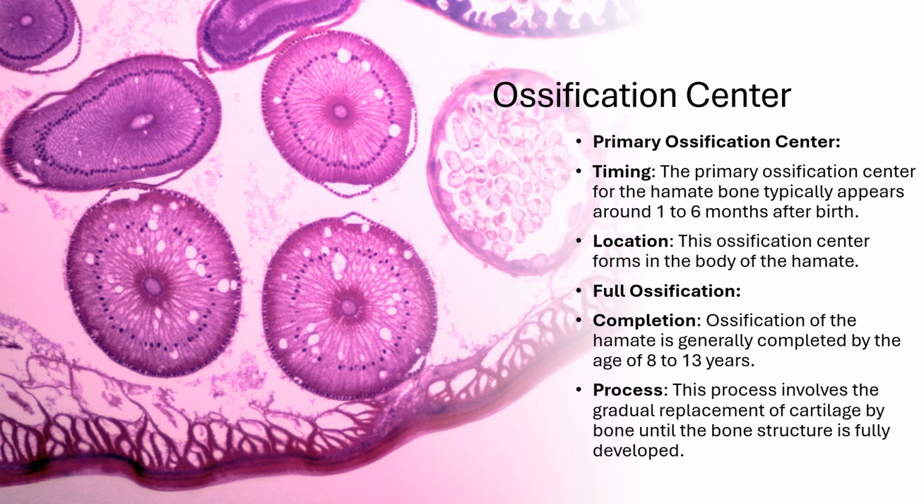There is no secondary ossification center in the hamate bone. There is only a primary ossification center present in it. The full ossification will be completed around 8 to 13 years of age, and this process involves the gradual replacement of the cartilage by bone until the structure is fully developed.